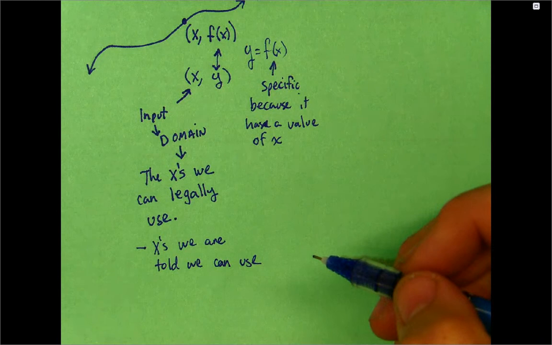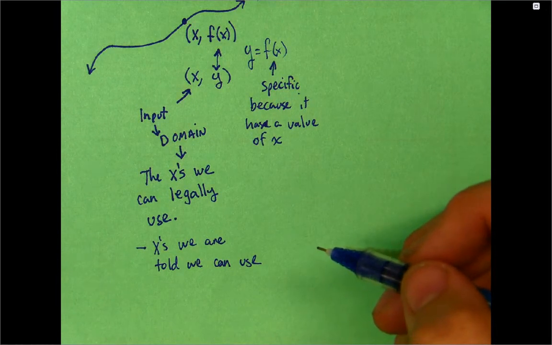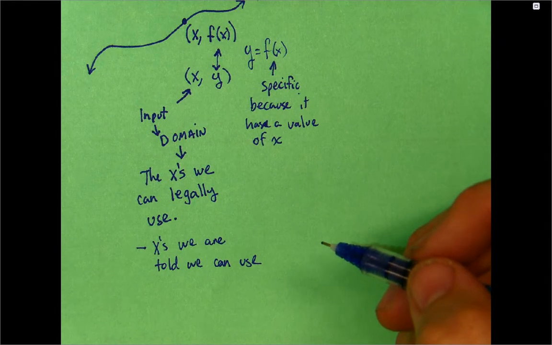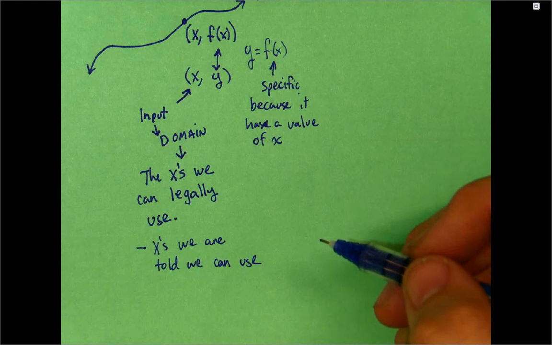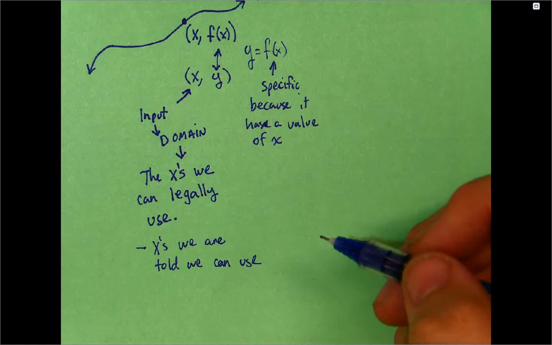Or if we're dealing with time, we might be dealing with time equals 0 to time equals 20 because time equals -1 doesn't make any sense, does it? What's going on at -1? If we're launching a rocket, the rocket starts at 0 when it launches. So we go from 0 to the positive numbers. So sometimes we're told exactly what we can use.